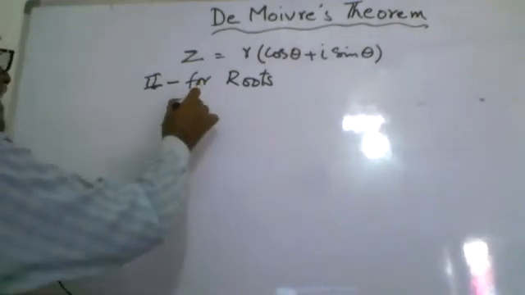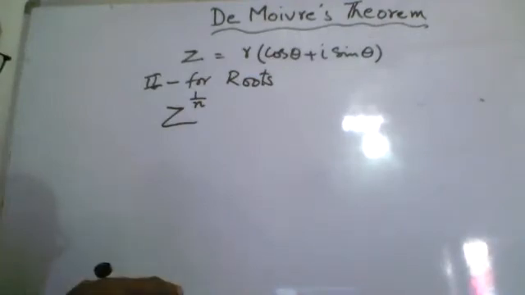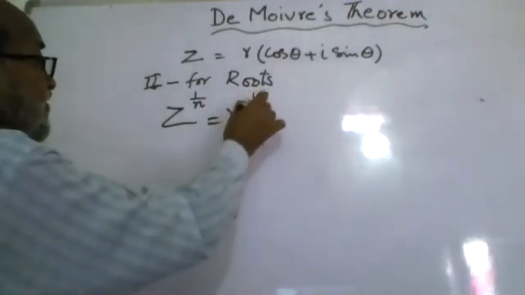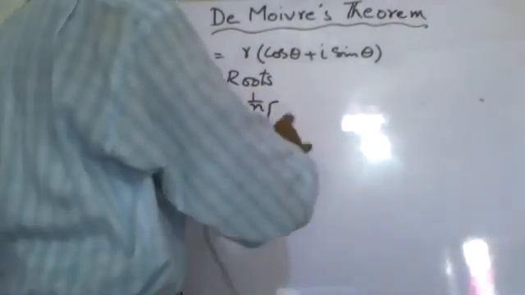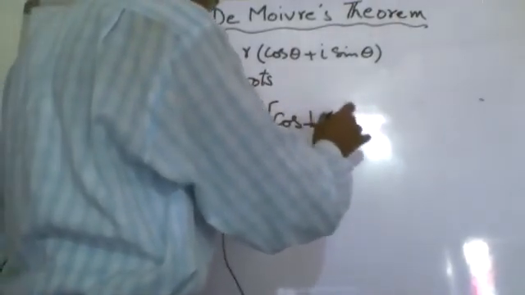So z raised to power 1 over n. Nth root means 1 upon n, will be equal to r raised to power 1 over n into cos of 1 over n into theta plus k into 360 degree plus iota sine 1 over n into theta plus k into 360 degree.